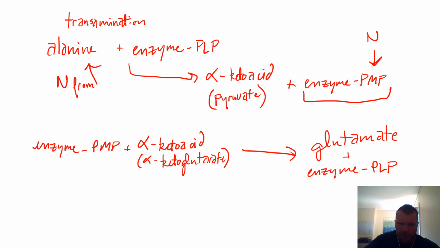Now, this glutamate has the nitrogen that we actually want to get rid of. In order to do that, in the liver, we would use an enzyme known as glutamate dehydrogenase.